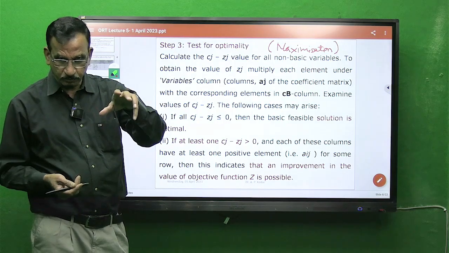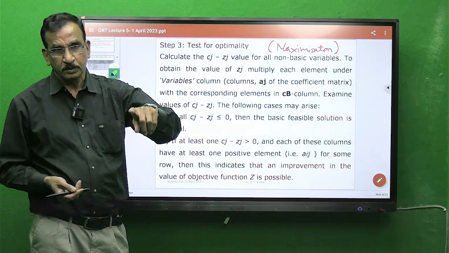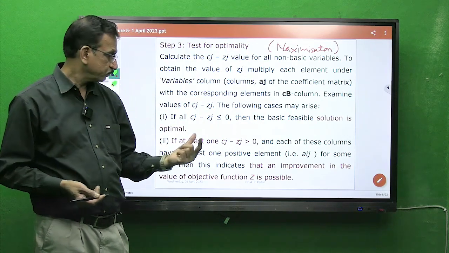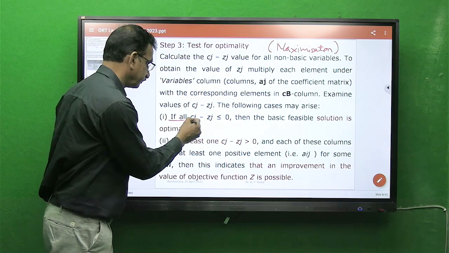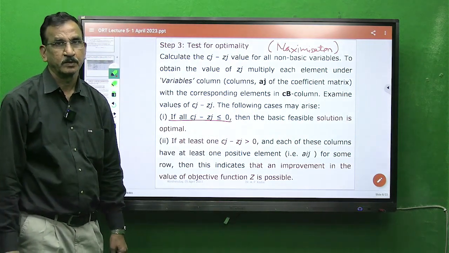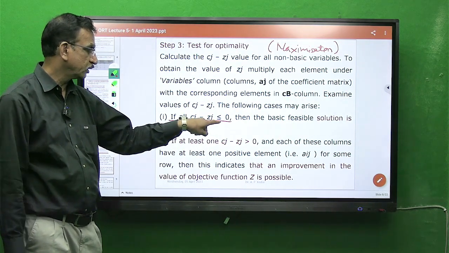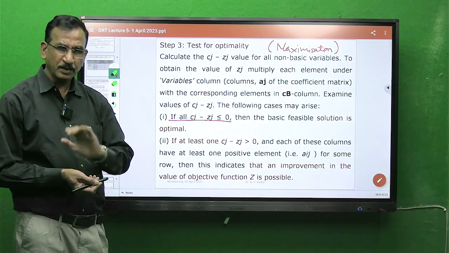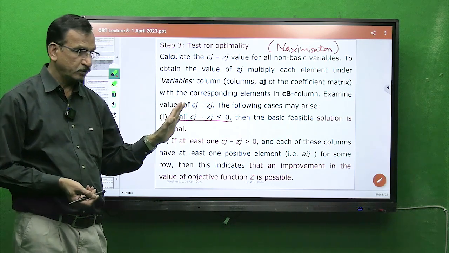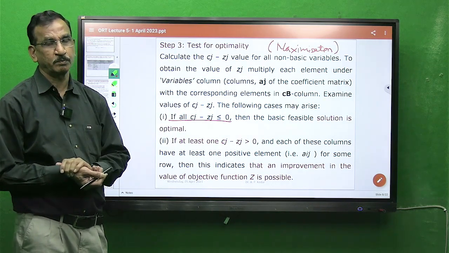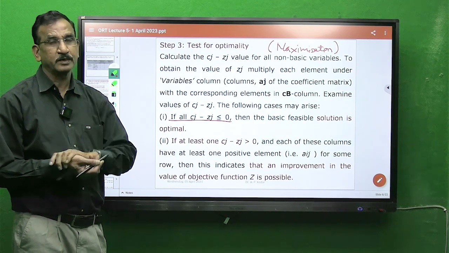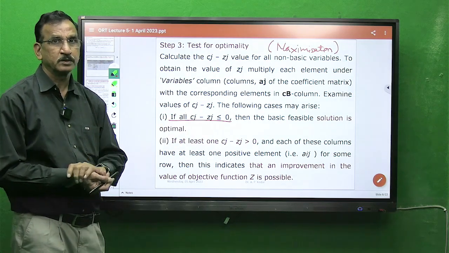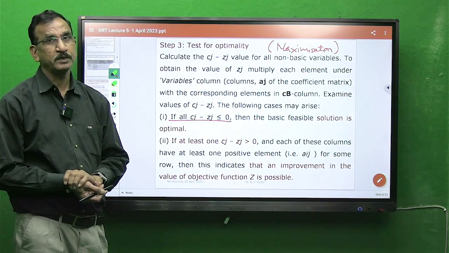Once the problem has entered the loop, you will continue the same process till this condition is satisfied. The moment this condition is satisfied, the algorithm terminates. There are computer programs also available which take care of large complicated interrelated decision variables, and the algorithm terminates when this condition is checked and found to be satisfactory.